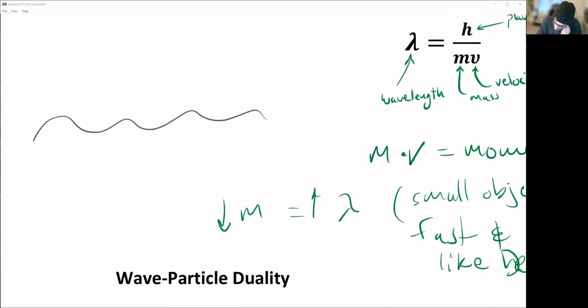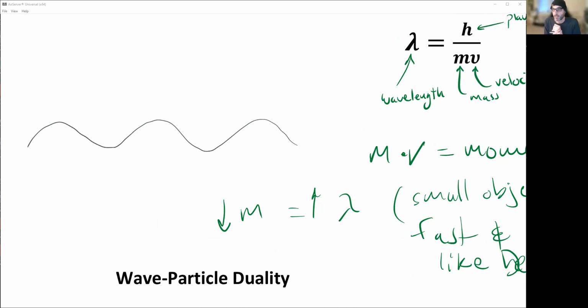Just as a quick aside, so if this is my wavelength of light, there are two terms that you might hear in physics in the future. So this is a wavelength of light. It's got a certain wavelength associated with it. And I'll use gray for this. So there is some wavelength associated with it.